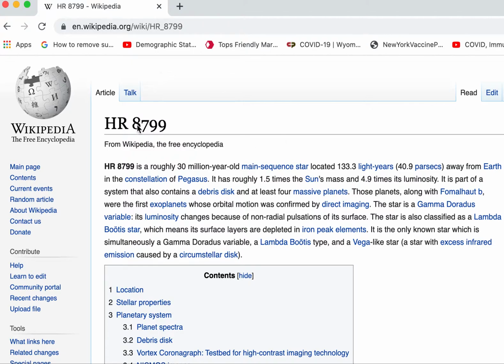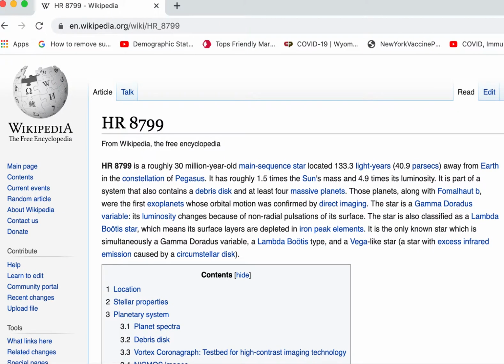Yeah, the link in the lab will take you to this Wikipedia page for the star in question. It says HR 8799 is a roughly 30 million year old main sequence star located 133 or so light years away from Earth. And it has approximately 1.5 times the sun's mass.